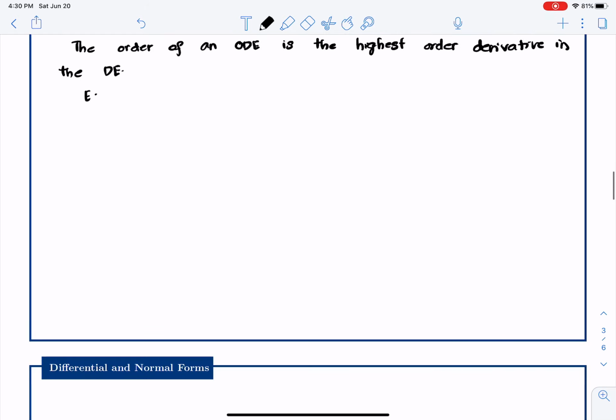So as an example, we could have dy over dx plus 4x squared equals 0, and that's a first order derivative.